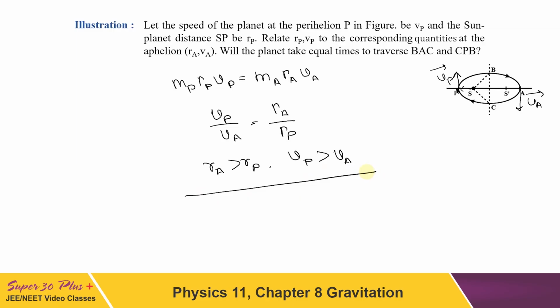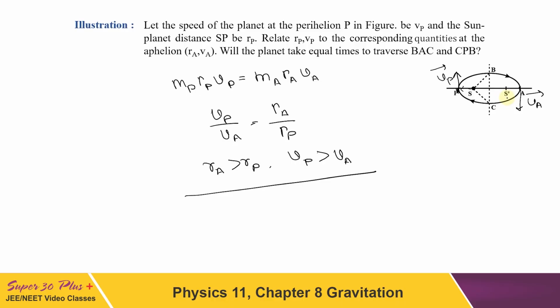Now the second part asks what will be the time taken to traverse BAC and CPB. Since area SBAC is greater than area SCPB, and areal velocity of the planet has to be constant around the Sun, it will sweep equal areas in equal times.